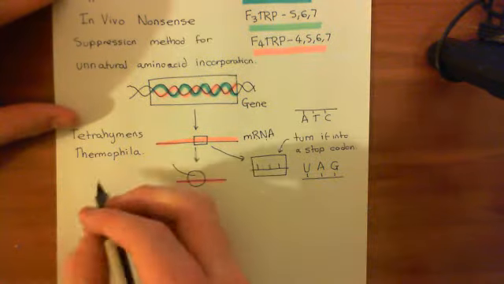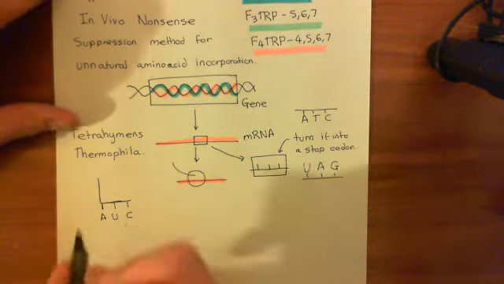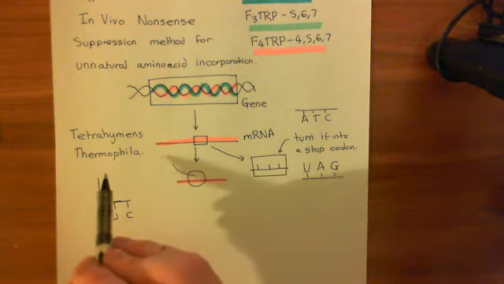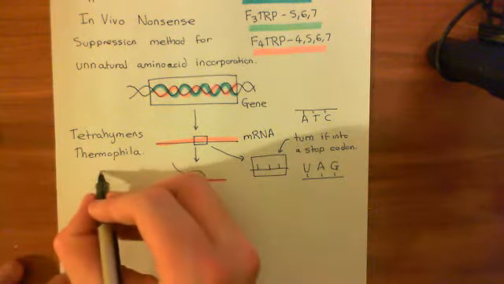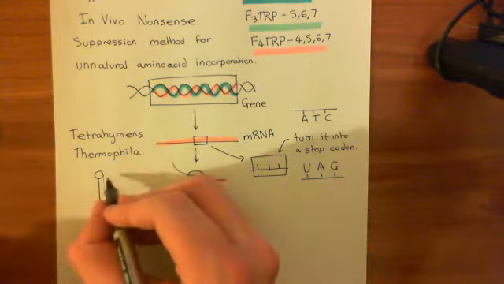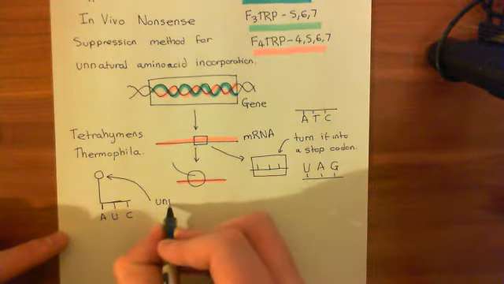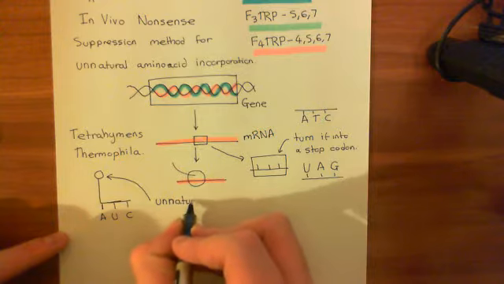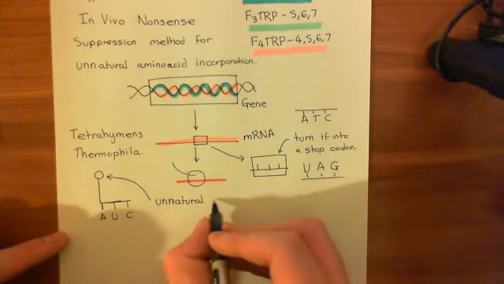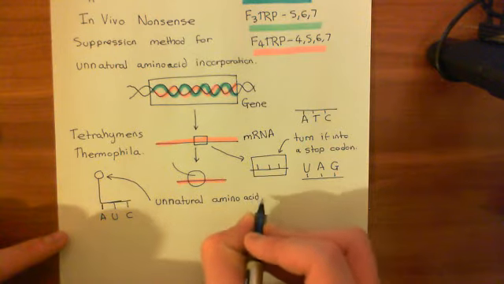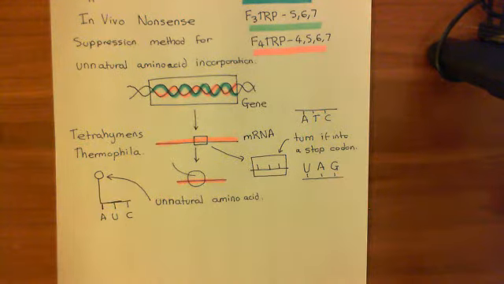Okay, and basically what you can then do is you can take these tRNAs with this complementary anticodon from the Tetrahymena thermophila, you can stick on your modified unnatural amino acid. So here's our unnatural amino acid. In this case it will be this modified tryptophan with the fluorines on. So this is our unnatural amino acid. And now what we can do is just put this unnatural amino acid with its tRNA in.